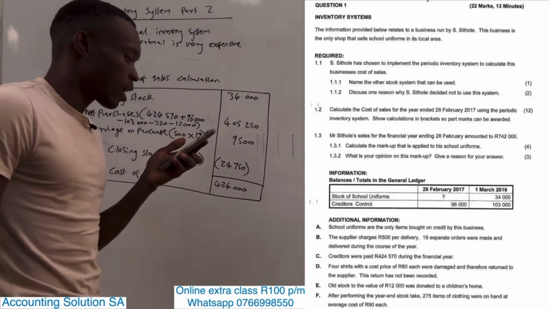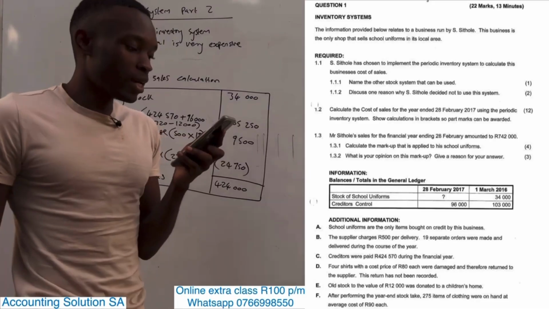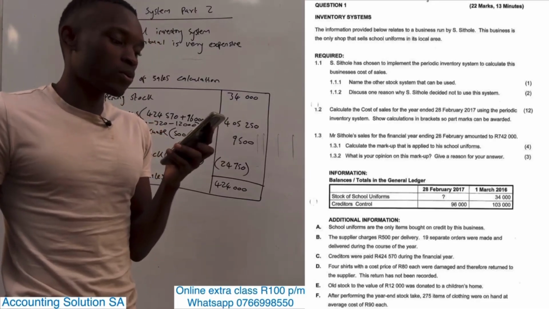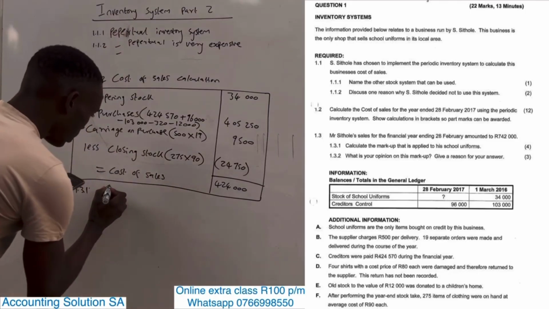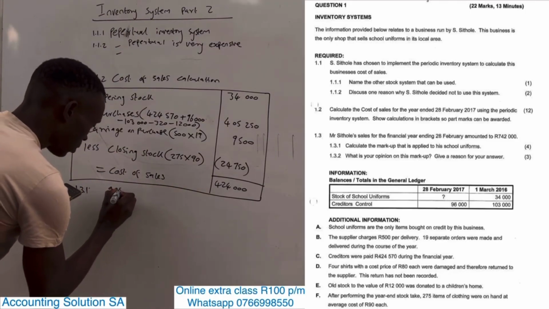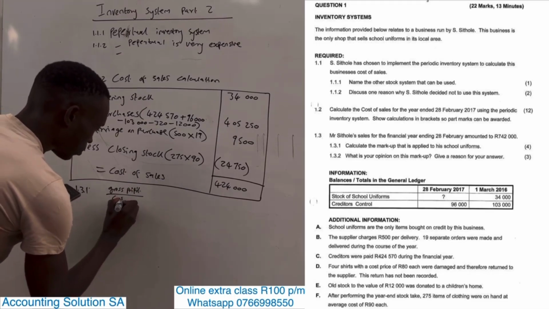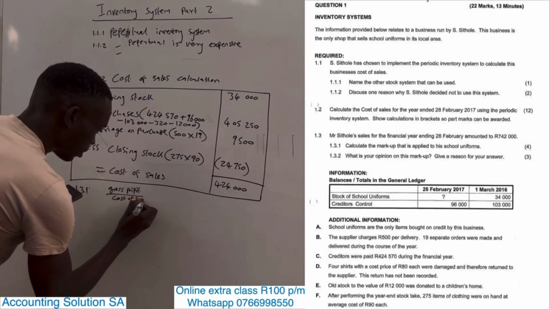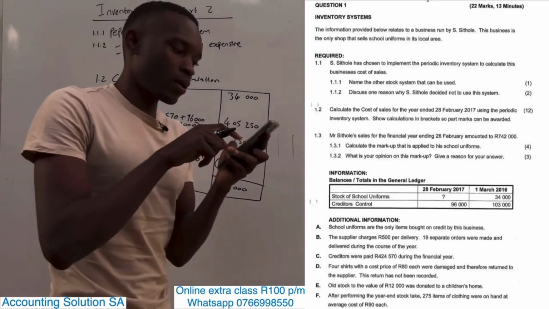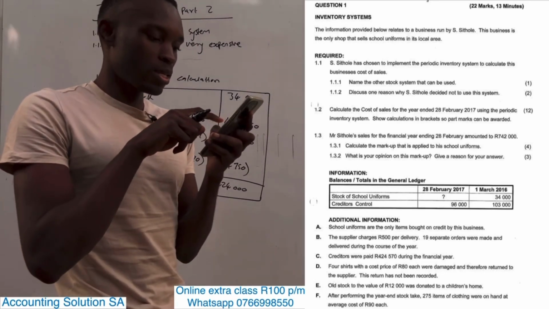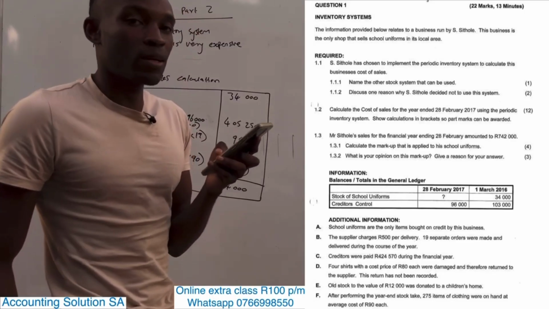Calculate the markup that applies to his uniform. Okay, the total sales for the financial year ending 28 February amounted to 742,000. Remember the formula to calculate markup: gross profit divided by cost of sales multiplied by 100. Let's get the gross profit. Remember they gave us under 1.3 that Mr. Sitole's sales for the financial year end is an amount of 742.